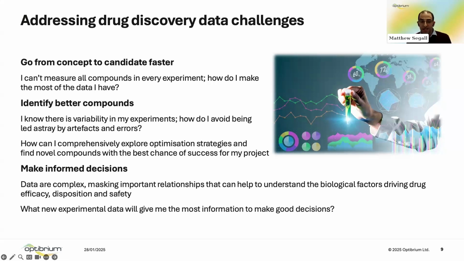This is the challenge in data science terms of data sparsity. Most of the data we would like to have hasn't actually been measured in practice. So how do we actually make the most of the data that we do have? Of course, during the optimization of compounds during a project, we're trying to identify better compounds.